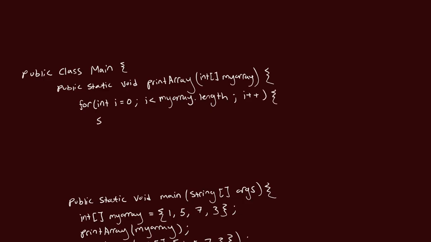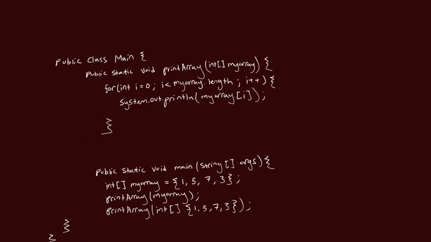Now I do system dot out dot print line, then I do my array square bracket, we pass in i. There we go. And now this is going to print out 1, 5, 7, and 3. And recall, in our array we can name this part whatever we want. It doesn't honestly matter. But that's how you can pass an array into methods.